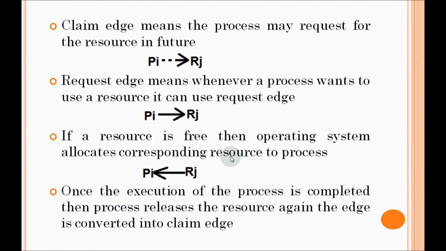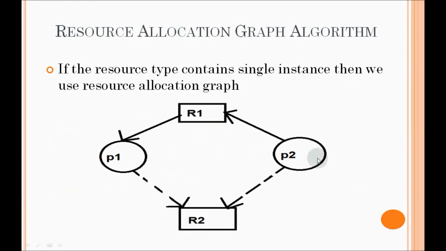And one more important thing, remember this. Once the execution of the process is completed, the process releases the resource, right? Then the assignment edge is converted again to what edge? Claim edge only. For example, see here.